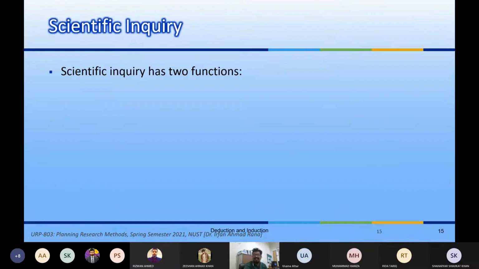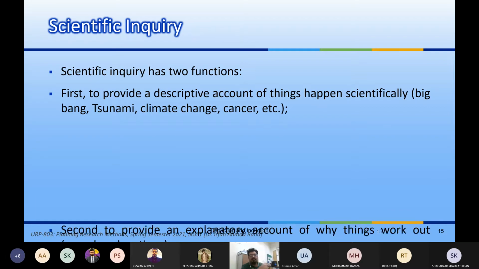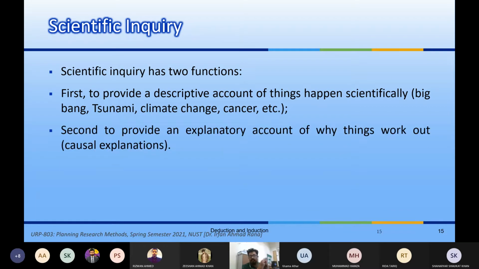By scientific inquiry or method, we are usually doing two different things. We are trying to give a description about something, or we're talking about why certain things are happening. Based on observations, you are doing some kind of description.